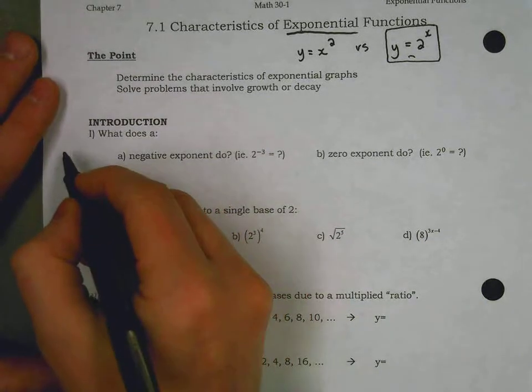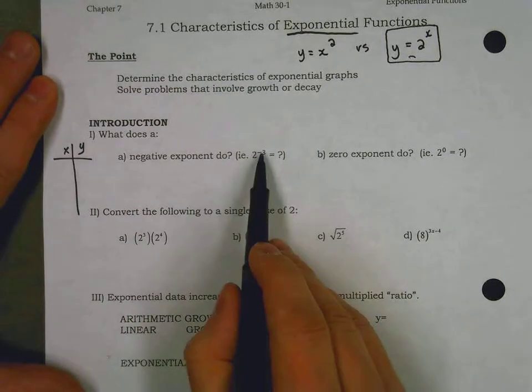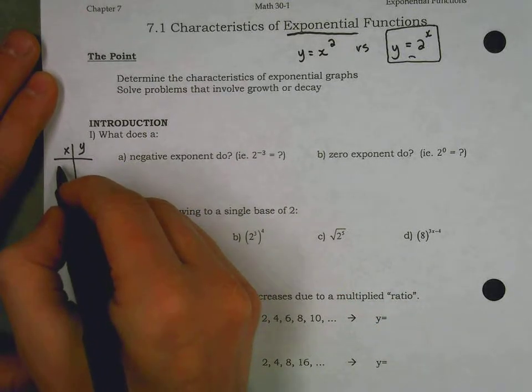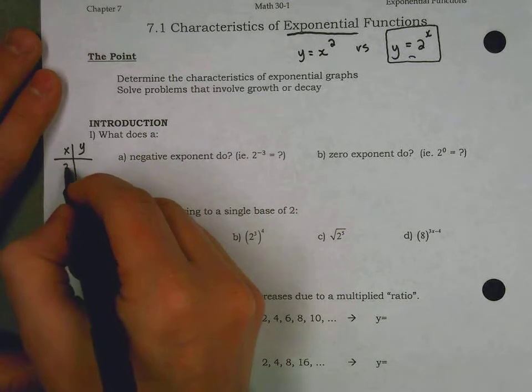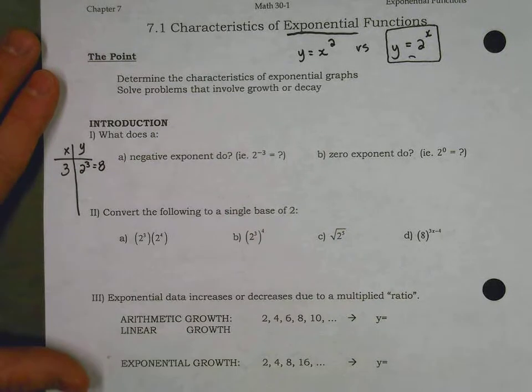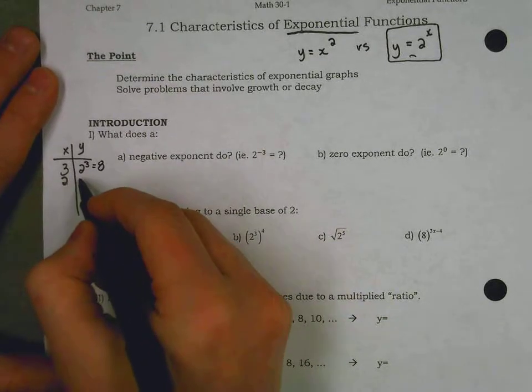What would you say? Well, if you examine what happens if you plug some values into the power position, what is 2 to the power of 3? Well, 8 comes out: 2 times 2 times 2. What if I plug in a 2?